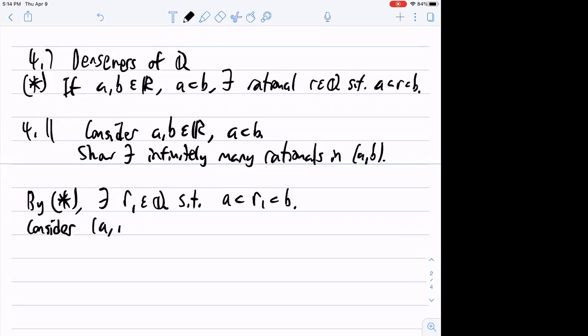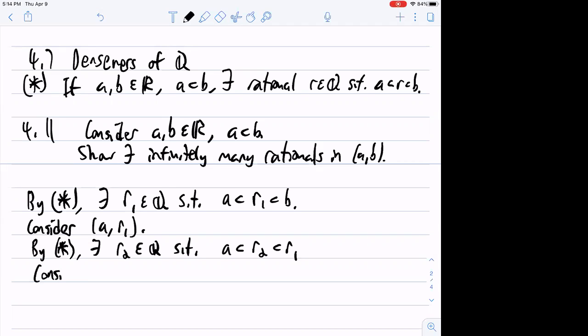Then we apply denseness of Q again, with A being A and B being R1. By star, there exists R2 in Q such that A is less than R2 is less than R1.